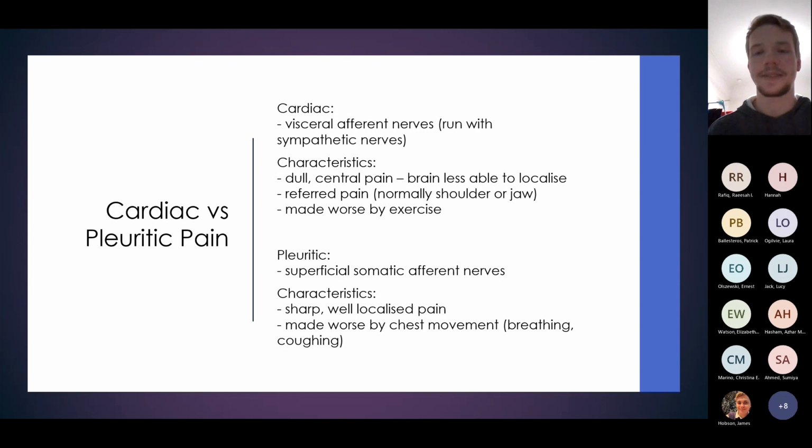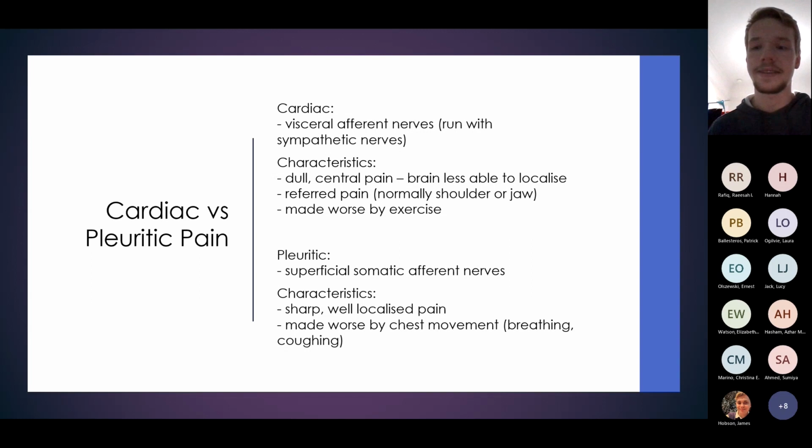Yeah, so it's going to be more described as sharp because it's your somatic nervous system. It can localize that pain a lot more. And as I said, lateral often it can be, but if it's something in the middle of your chest that's not to do with the heart, you could still get that sharp pain centrally. So it could be something to do with your esophagus or your cartilage.